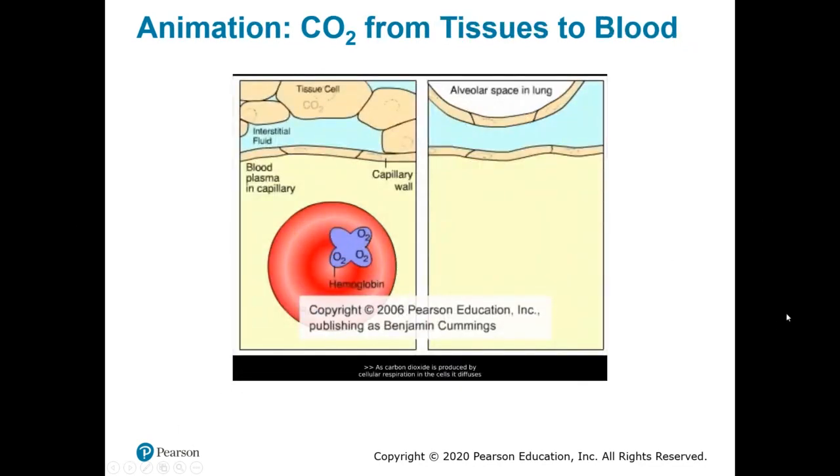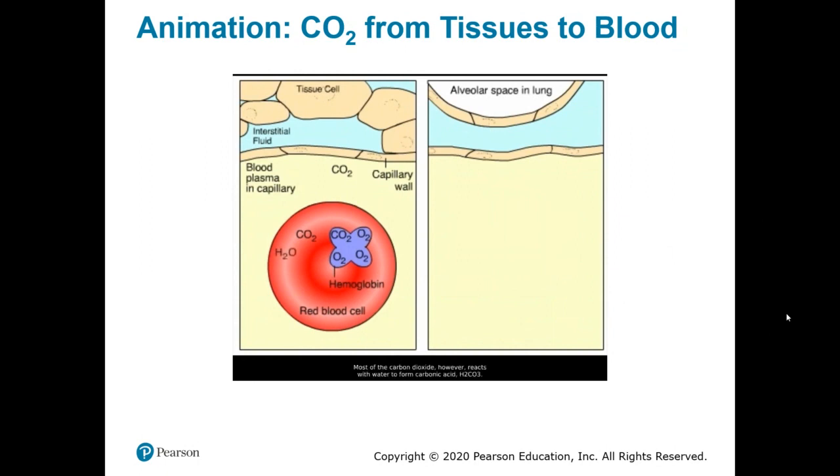As carbon dioxide is produced by cellular respiration in the cells, it diffuses into the interstitial fluid, through the capillary wall, and into the blood plasma. Some CO2 remains dissolved in the plasma, but most enters red blood cells. Some CO2 combines with hemoglobin.